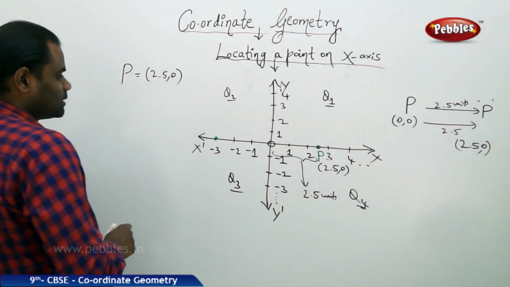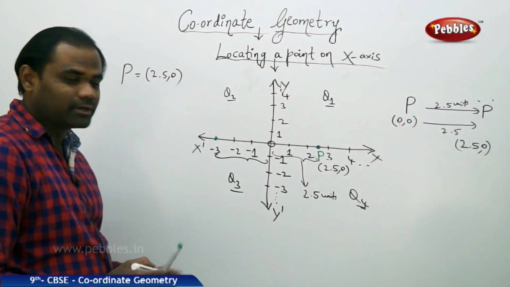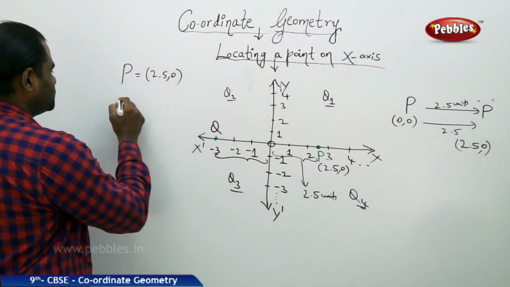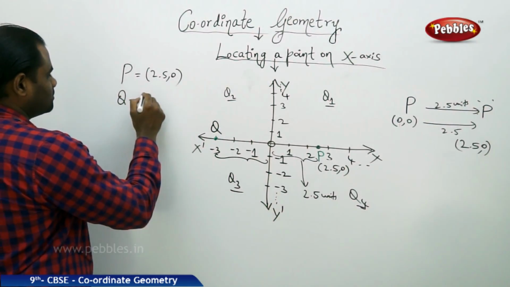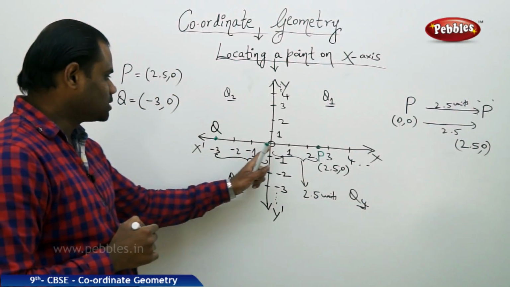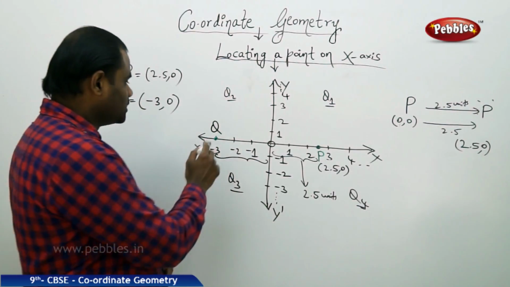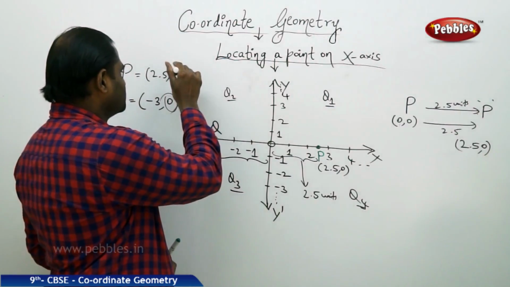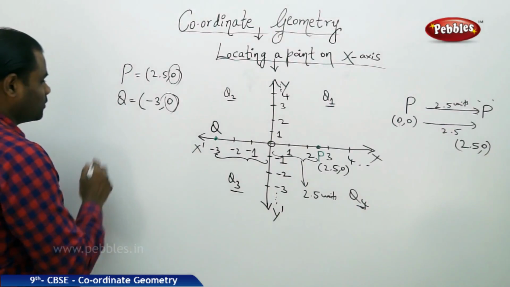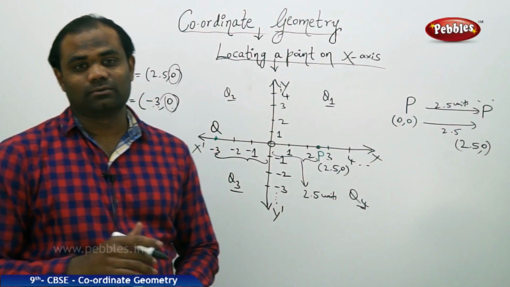I clearly see that this point is 3 units to the left, and therefore the point Q here is nothing but -3, 0, because this moves along the x-axis but there's no change up and down. So this doesn't have its y affected, as in the previous case. Only the x coordinate gets affected. Therefore, for point Q, the abscissa is -3 and the ordinate is 0.